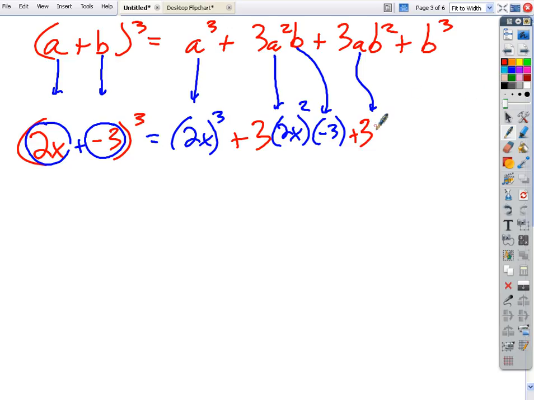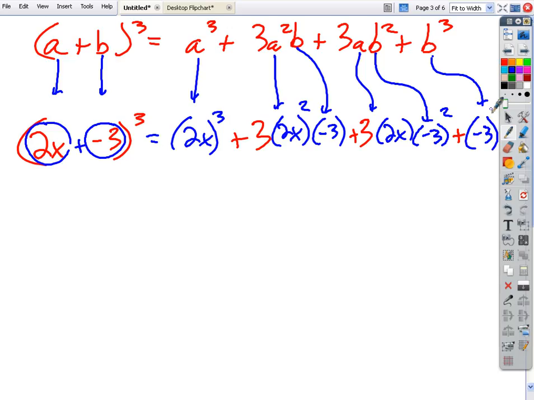Gosh, I keep my colors wrong. B was -3 squared, plus -3, which is my b cubed.